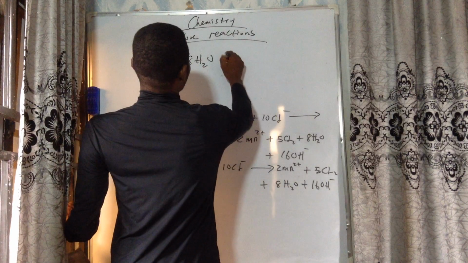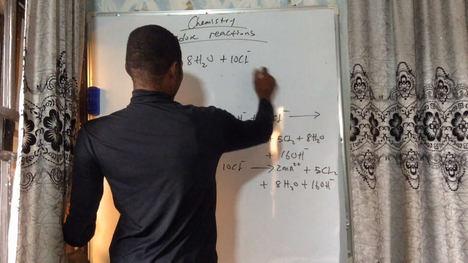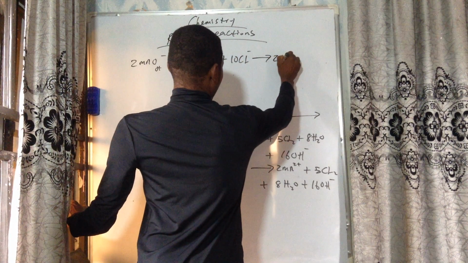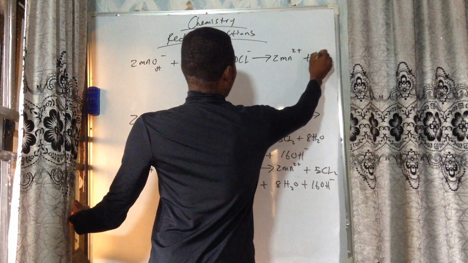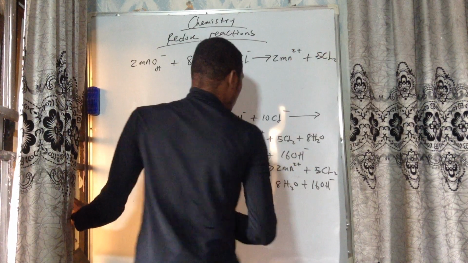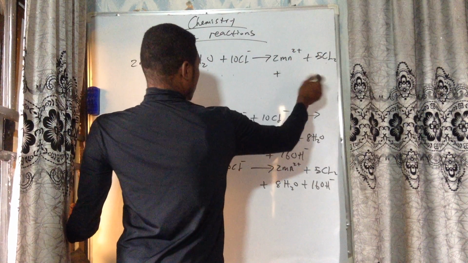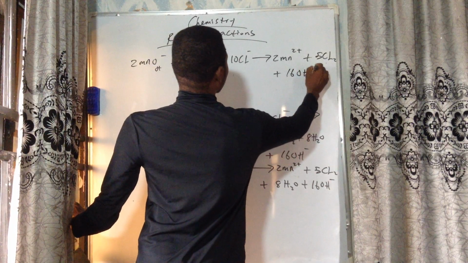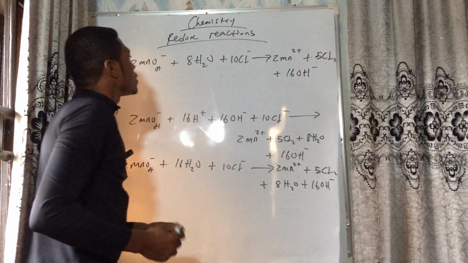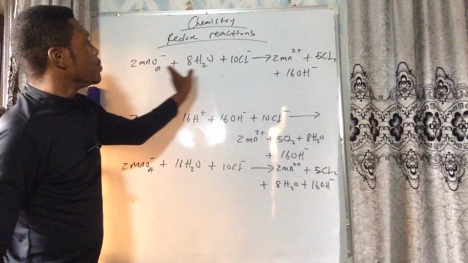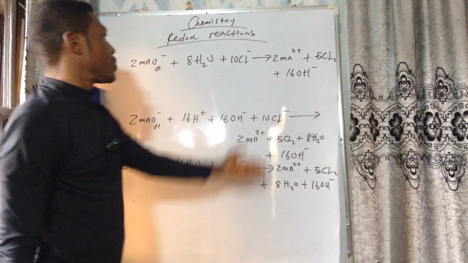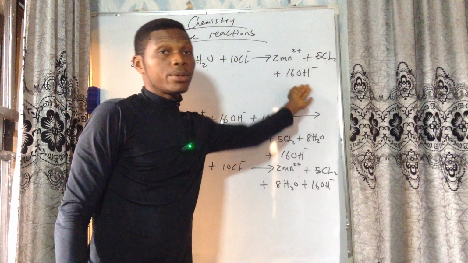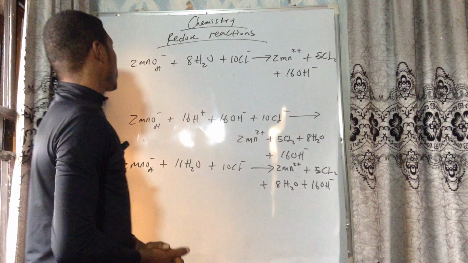So then plus 10Cl-, giving us 2Mn2+ + 5Cl2 + 16OH-. So this is clearly the basic solution because of the presence of hydroxide ion, 16OH-.